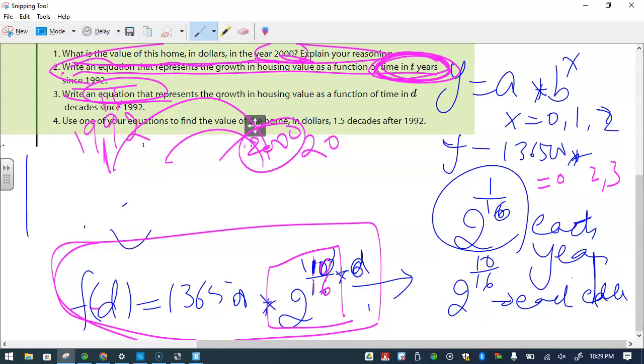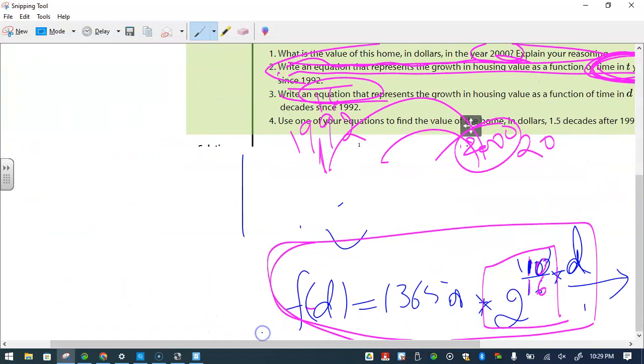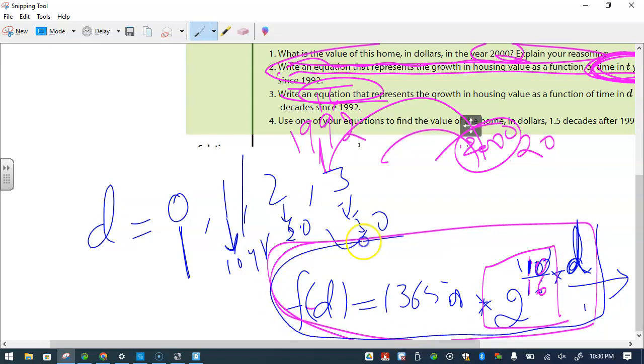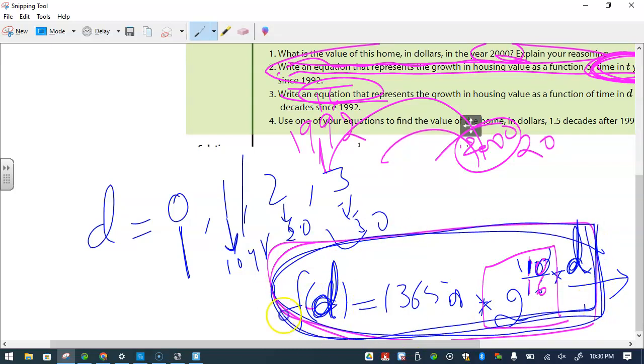And what D stands for is 0 decade, 1 decade, 2 decades. Sorry, 1 decade is 10 years, 2 decades is 20 years, 3 decades is 30 years. That's all that means. So you go on plugging in and you get this equation for every decade. So much confusion. Hope that helps.